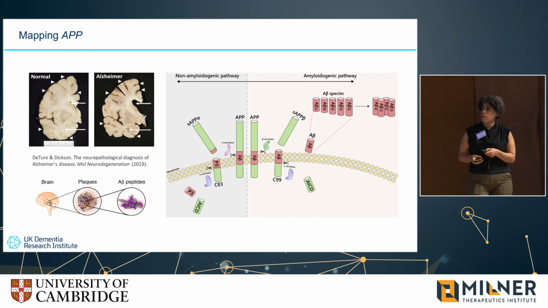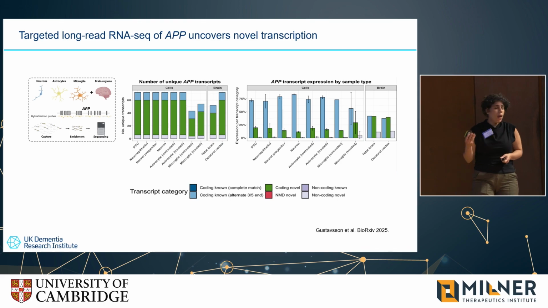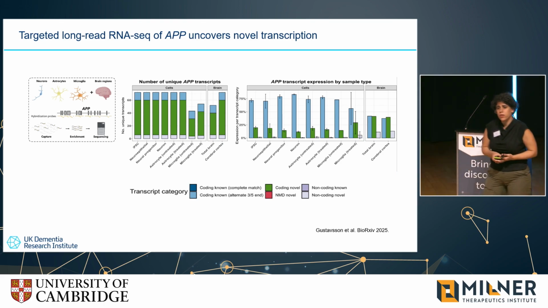These amyloid plaques contain large quantities of A-beta peptides, and those come from processing of the amyloid precursor protein.